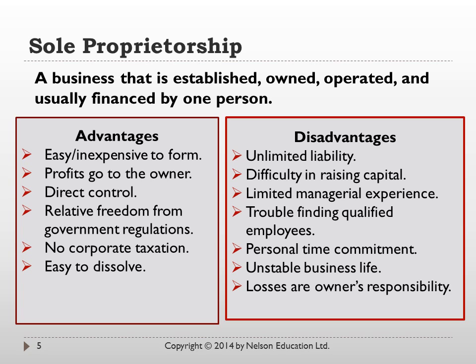He's also responsible for them personally. So if there is a judgment or a court order to pay for a lawsuit, it's not just the business assets that are at risk, but potentially personal assets could be at risk as well. So that's one of the biggest disadvantages of a sole proprietorship.